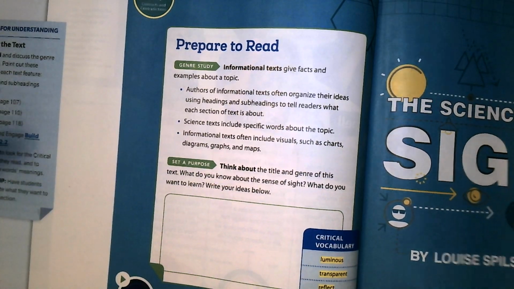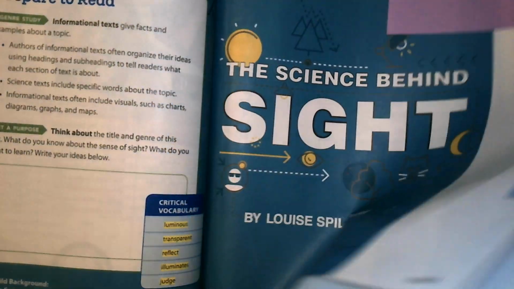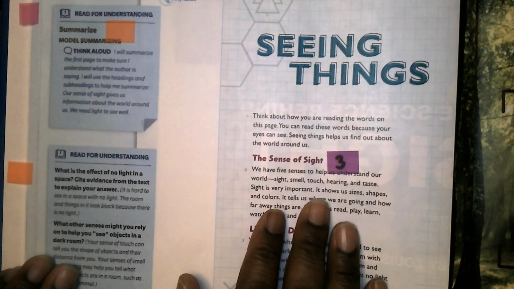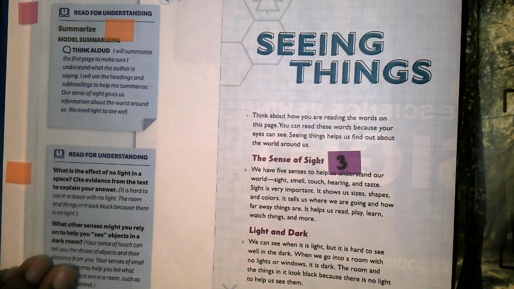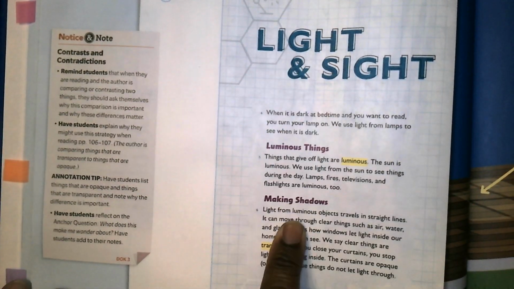So as you're rereading The Science Behind Sight, I'm going to want you to very carefully go through the text and find the central idea of different sections here. Okay, well, let's just go back to the section on light and sight.